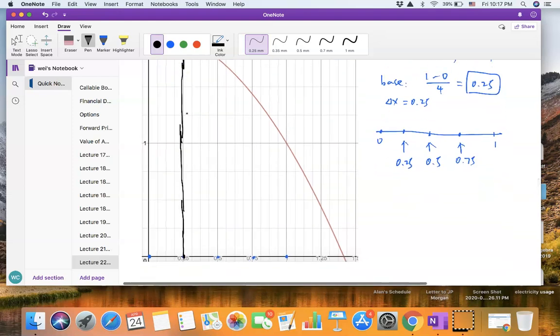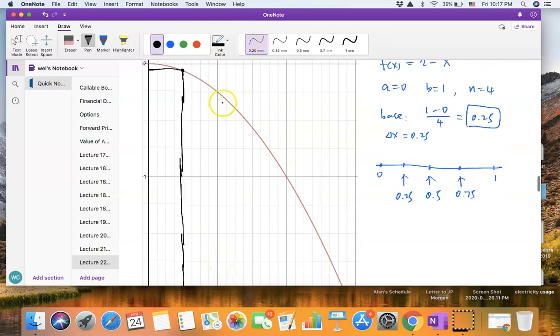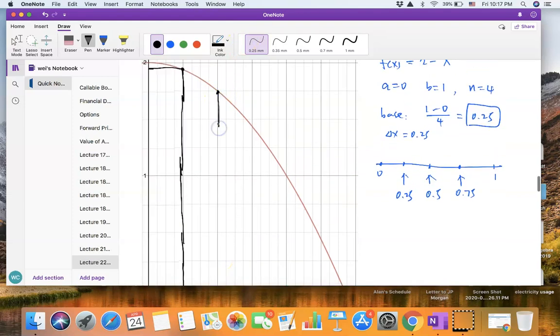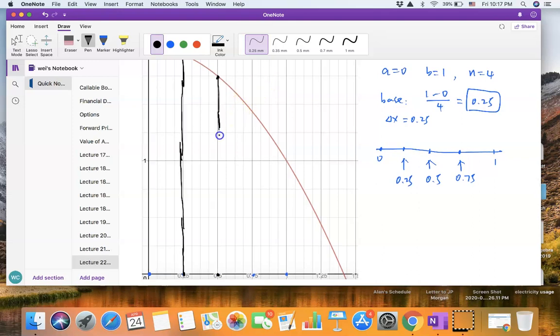For the second rectangle, the height is the function value at 0.5, which is here. So this is the height. Then we connect this point with this point and draw a perpendicular line, so we have the second rectangle. The third rectangle is going to be like this, and the last rectangle is going to be like this.